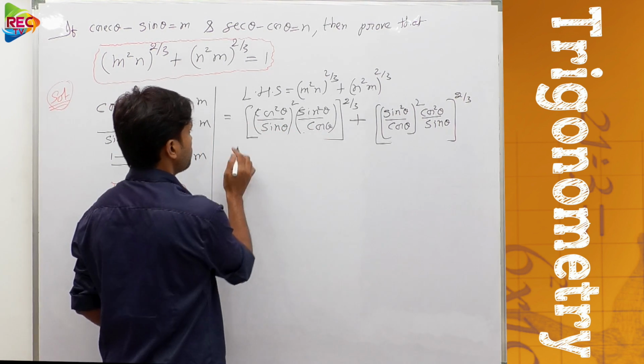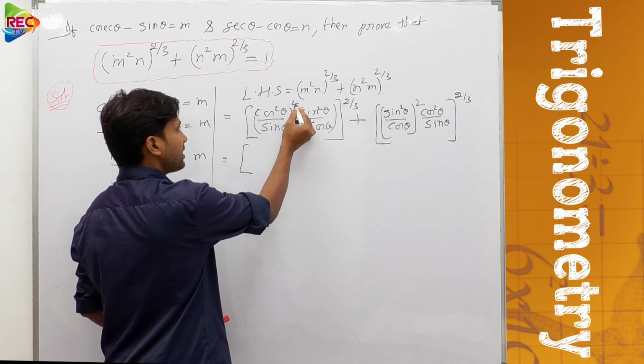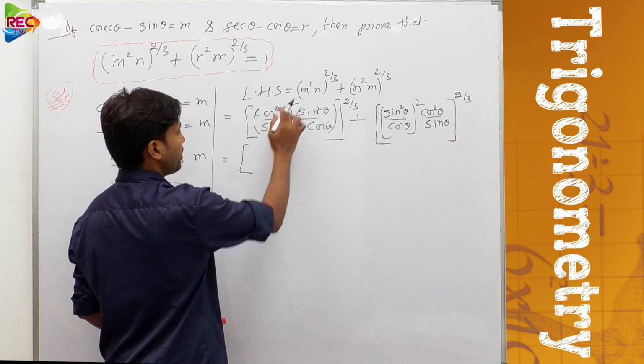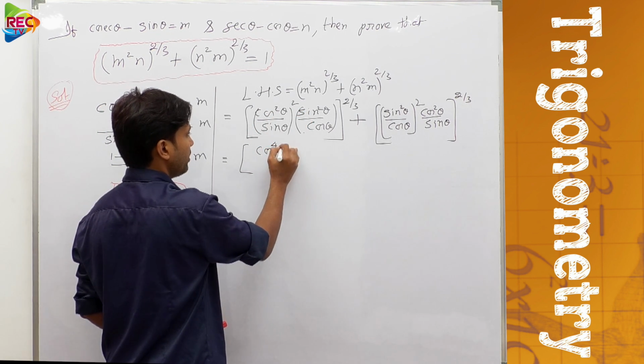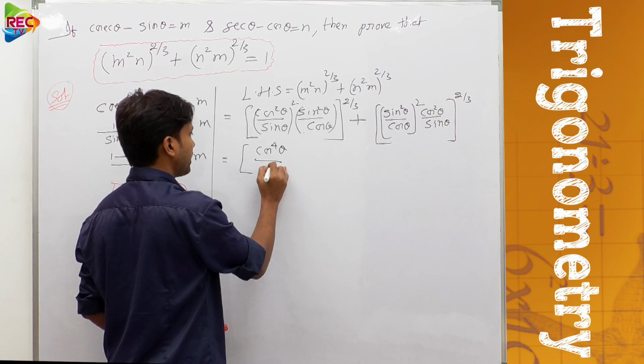Okay. Let us do that. In this bracket, we can apply this square to the numerator and denominator parts. What is the numerator part? Cos square theta whole square, that is cos power 4 theta. Now applying square to this denominator, sin square theta.